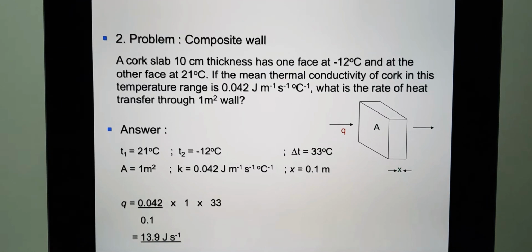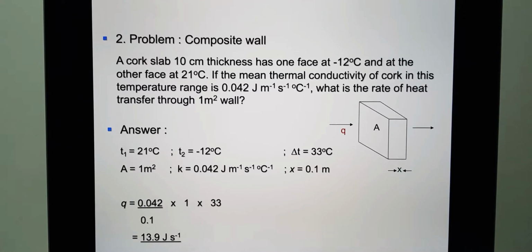Okay, for the next problem statement, this one is related to composite wall. Alright, so for the question given to you, a cork slab with 10 centimeter thickness has one face at negative 12 degrees Celsius and the other face is at 21 degrees Celsius.